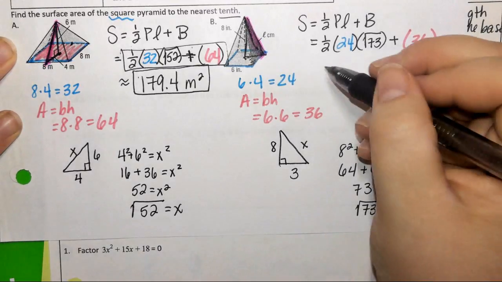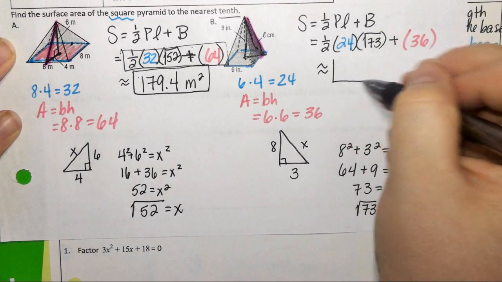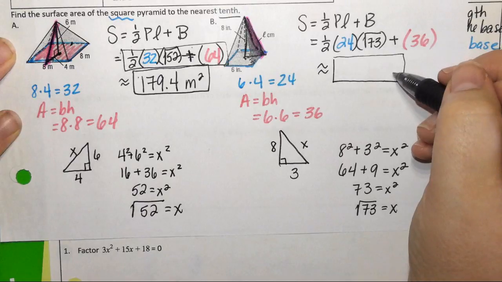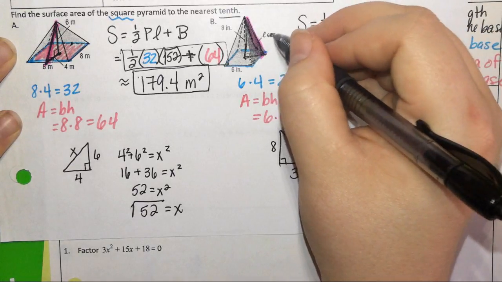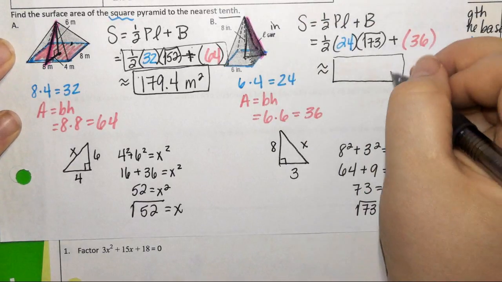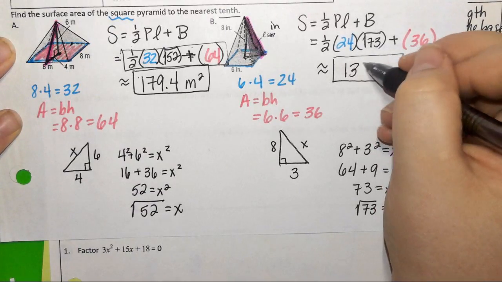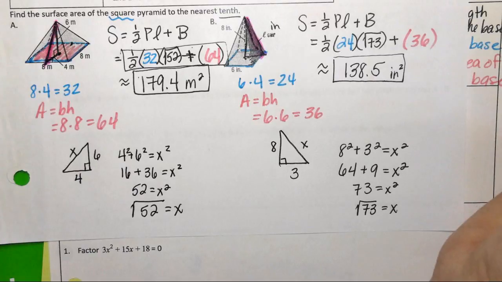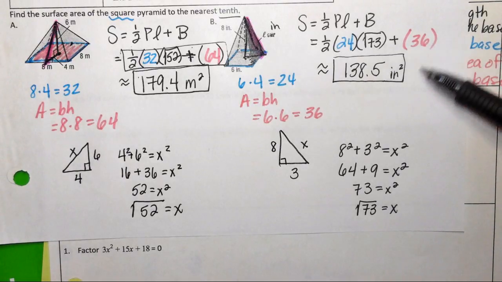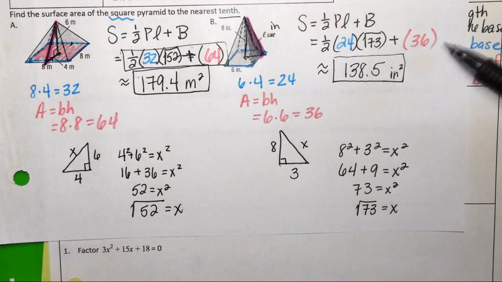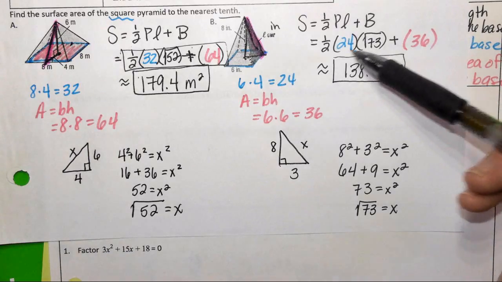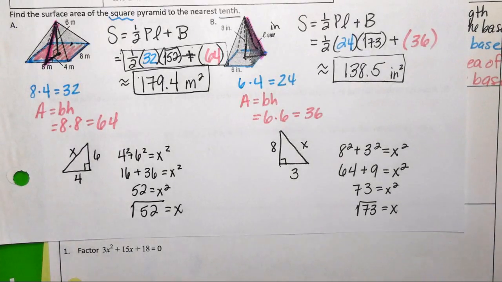Okay, you type that entire line in your calculator and I get some sort of decimal I need. We're going to change it all to inches. Inches squared. It is 138.5. But again, if Derek makes a mistake between here and here, he loses maybe a point. The fact that he has all the right numbers in all the right places is going to get him most of his point.